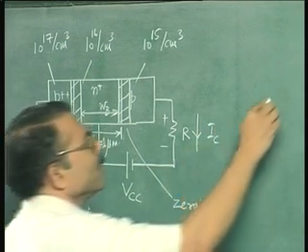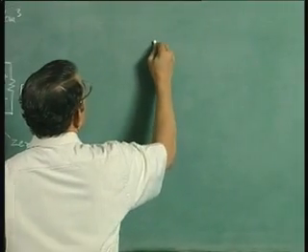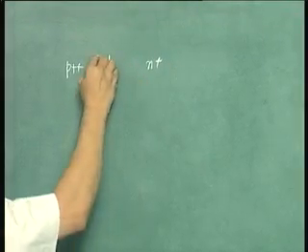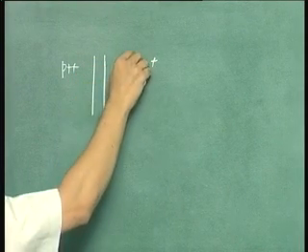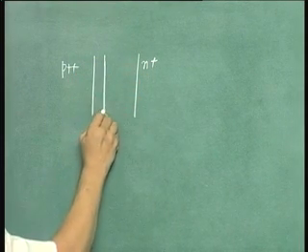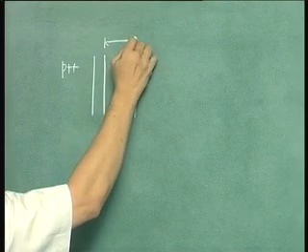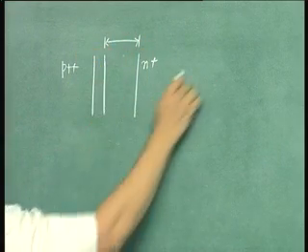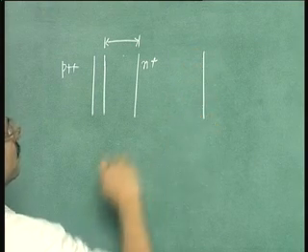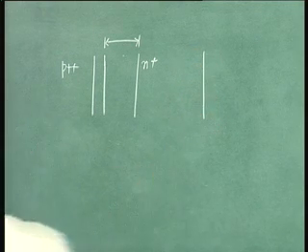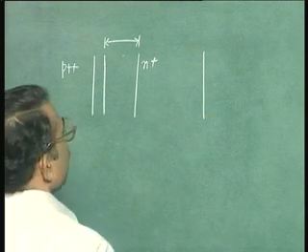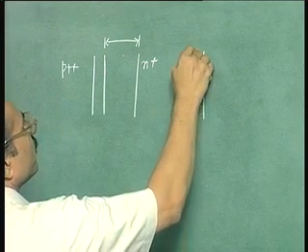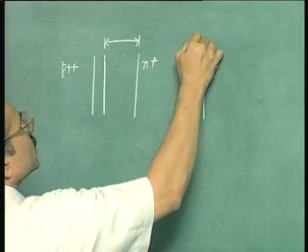We will redraw this diagram. So this is P plus plus and N plus base, and this is the depletion region. So this portion, and then we need this portion.